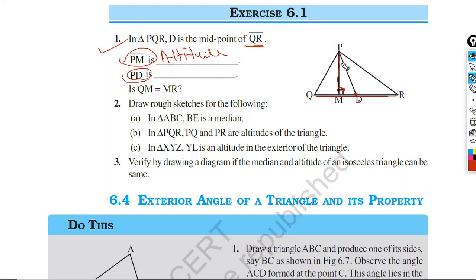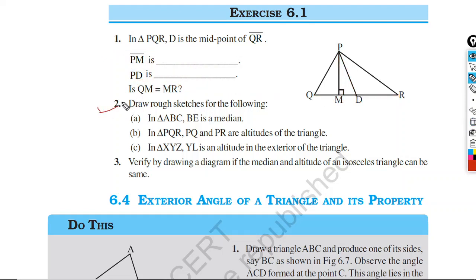PD, look at the figure. Who is PD? PD will be the median because D is the midpoint. So PD is the median. Is QM equal to MR? Look at the figure. QM and MR, are they equal? No, they are not.